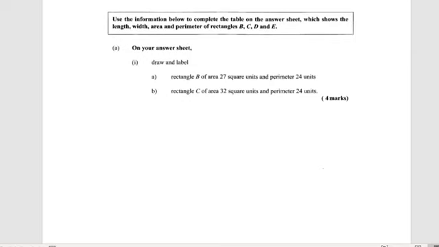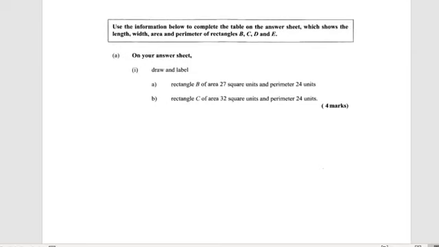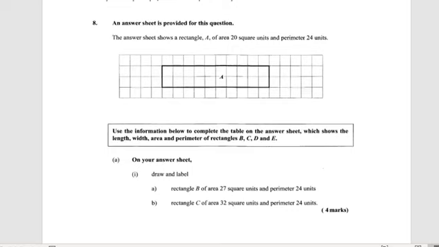So if this original rectangle that was given had 20 square units and a perimeter of 24, it therefore took up 12 squares basically for each side for the perimeter to be 24.